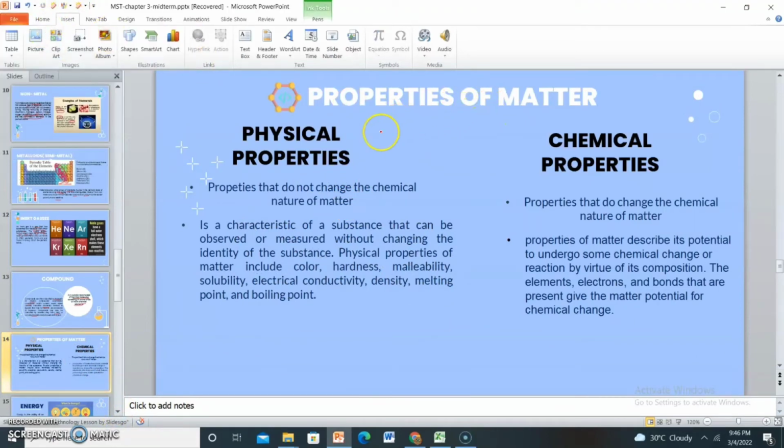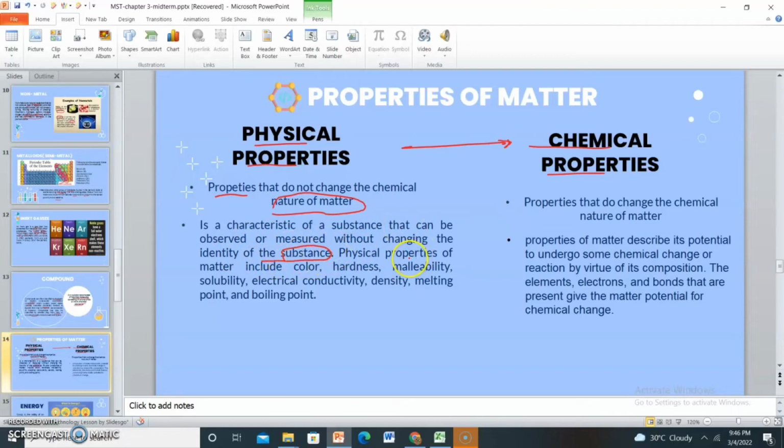In properties of matter, that is physical properties and chemical properties. In physical properties, these are properties that do not change the chemical nature of matter. It is the characteristic of the substance that can be observed or measured without changing its identity.